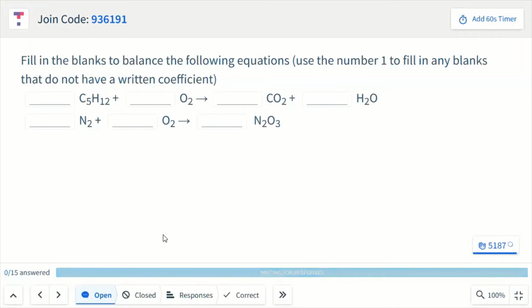What I want you to do is balance the equation. Every single blank needs to be filled. It's not going to let you submit unless all of them are. If you would leave one of them blank because it doesn't need a coefficient, remember that the coefficient there is 1. So put a 1 in the blank.